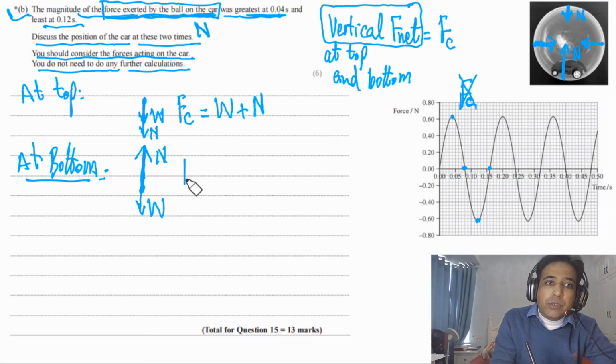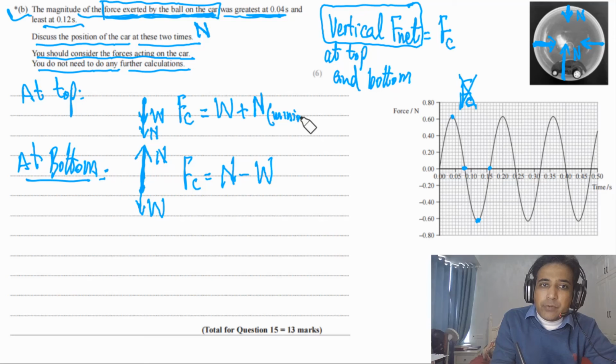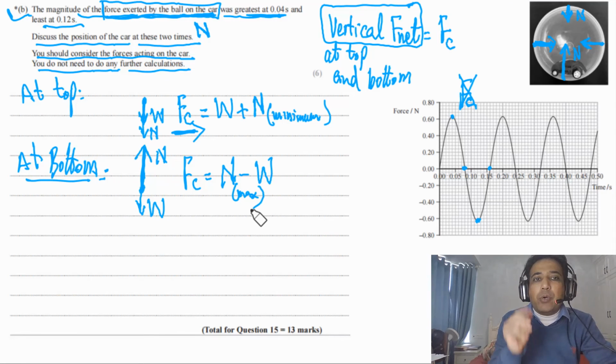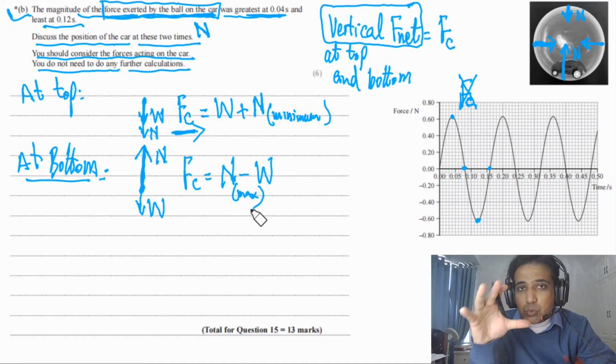So this is W. In this case, centripetal force is equal to N minus W. So this value of N will be maximum, because centripetal force is the same. These are the points you need to include in your answer.